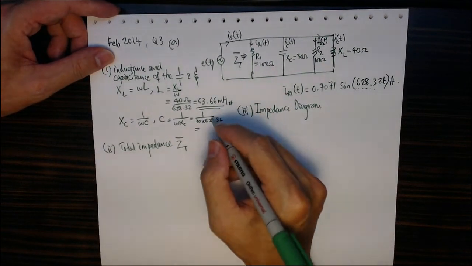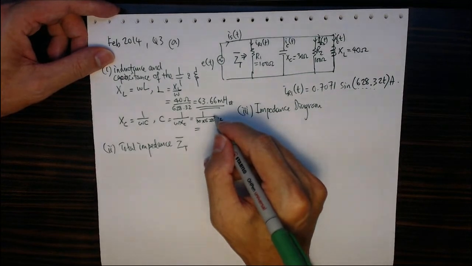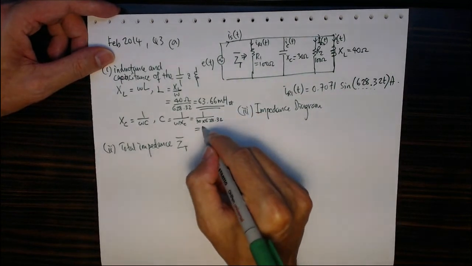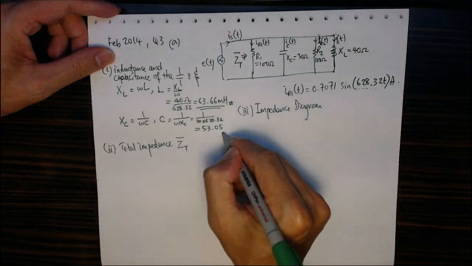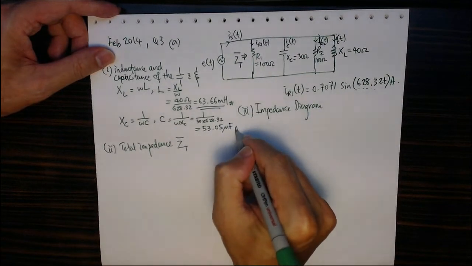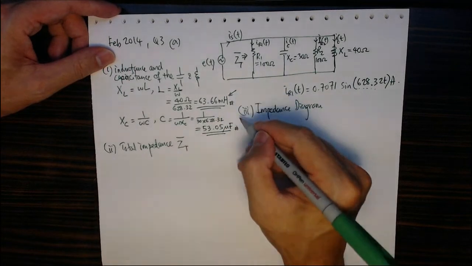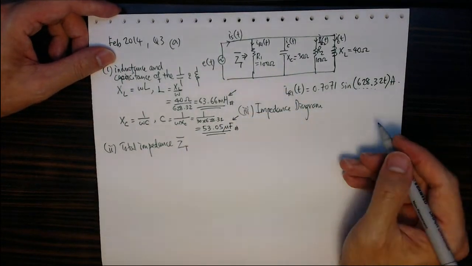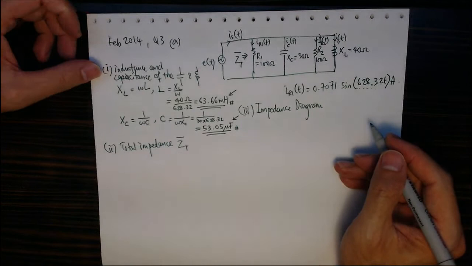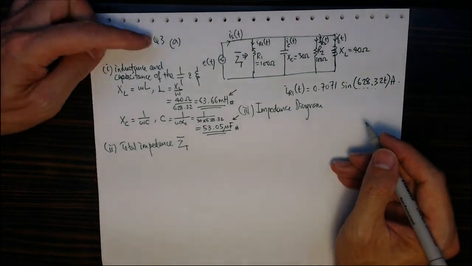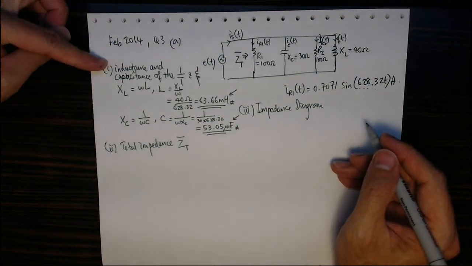That's equal to 53.05 microfarad. Please remember to write the units. This is henry and this is farads. That's the answer for part A, sub part 1.